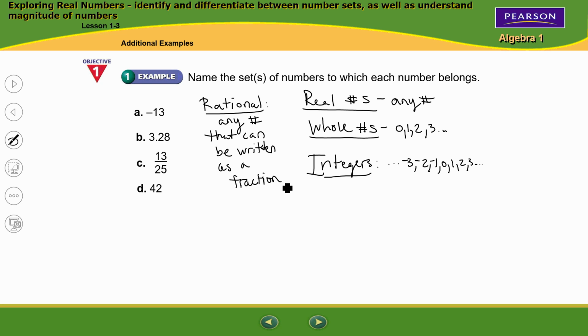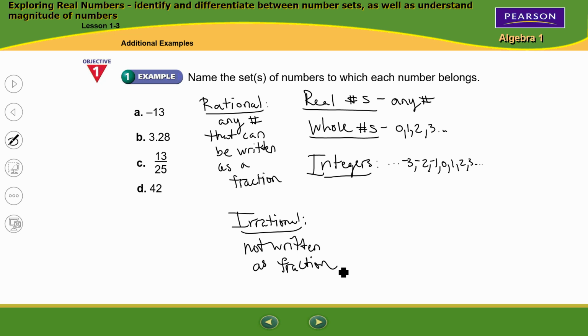And then you've got irrational. Irrational numbers are numbers that cannot be written as fractions. Cool. So, -13. Pretty much these are all going to be real numbers.